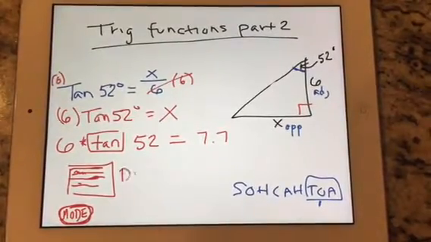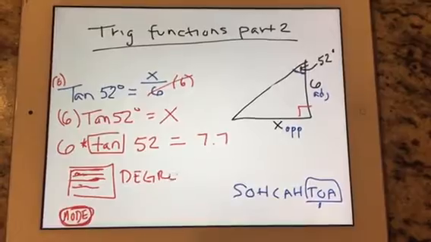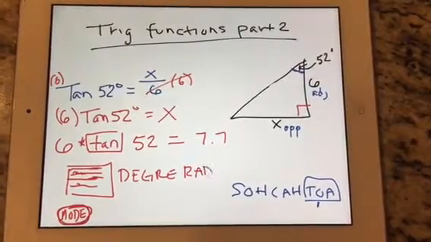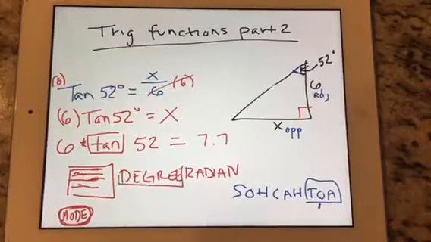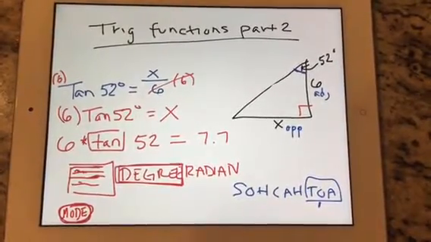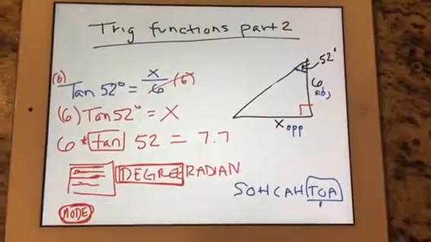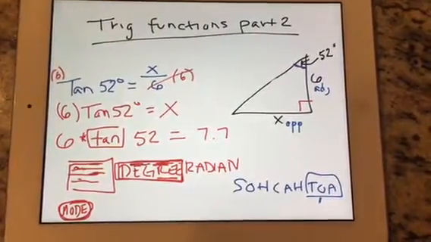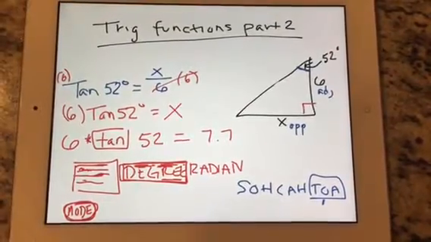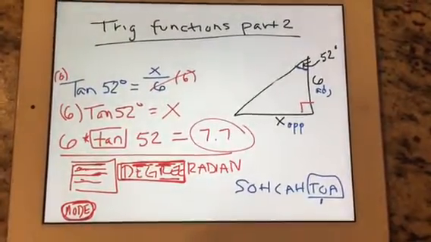You're going to want to look where it says degree and radian. You want it to be in degree, so make sure degree is highlighted. Use your little cursor, go down and make sure that's covered, and then hit enter, and that's going to make sure degree is your mode. Then you can go back, try it again, and hopefully you'll get 7.7.